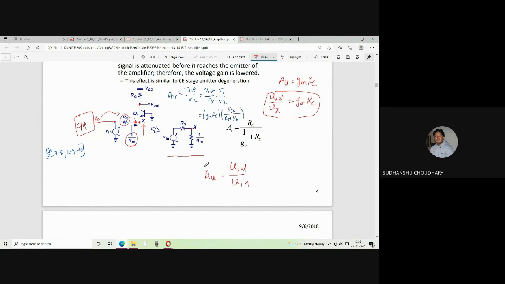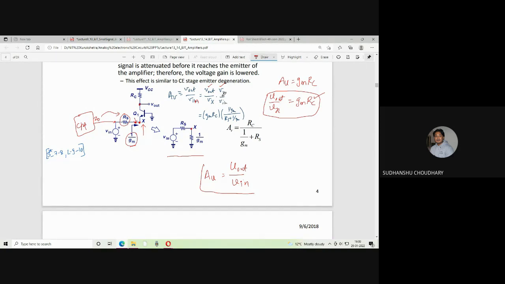To find Vout by Vin, I can find Vout by Vx and Vx by Vin. Vout by Vx is known to me, this is gm Rc. So I can find Vx by Vin now.